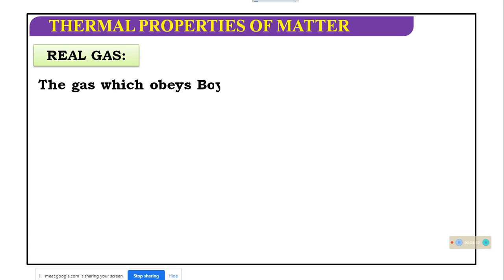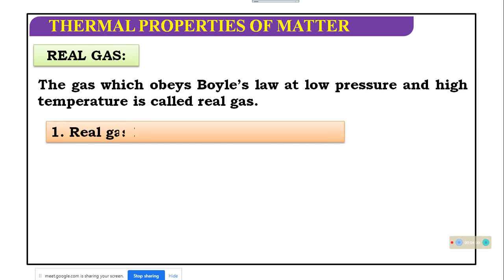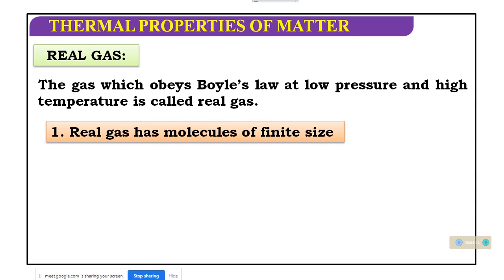Real gas. The gas which obeys Boyle's law at low pressure and high temperature is called a real gas. A real gas has molecules of finite size.